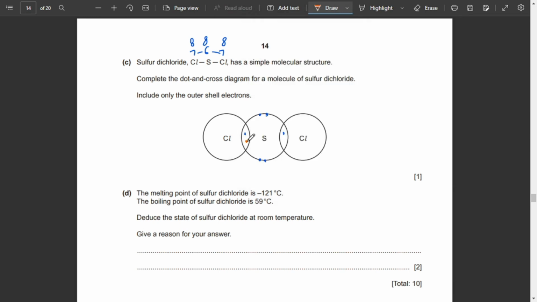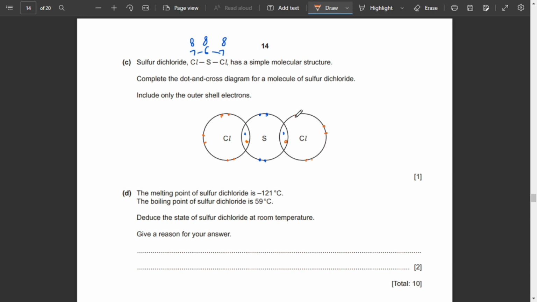For chlorine, it will share one of its electrons with this sulfur and the other one with this. Rest of it you can draw over here. So 1, 2, 3, 4, 5, 6, and this is the 7th one. Now it is sharing, so it has 8 in its octet. It has 8 to fill its octet.